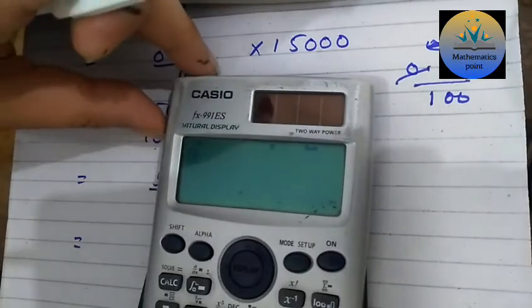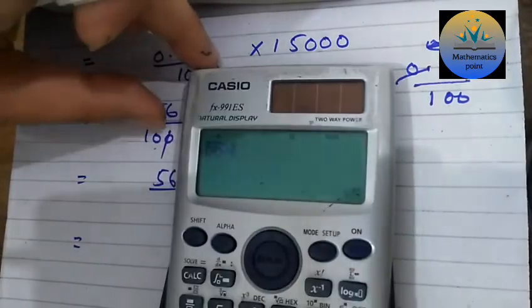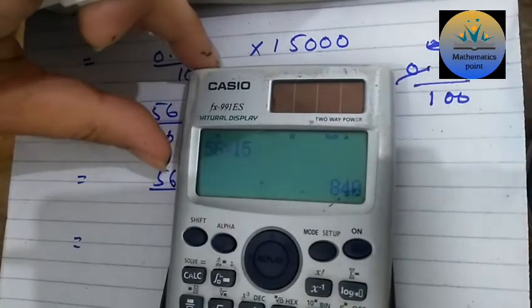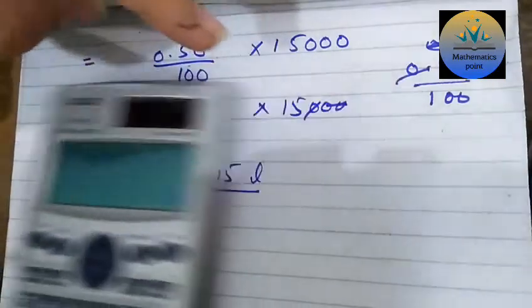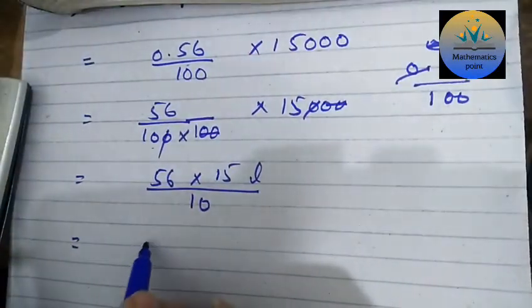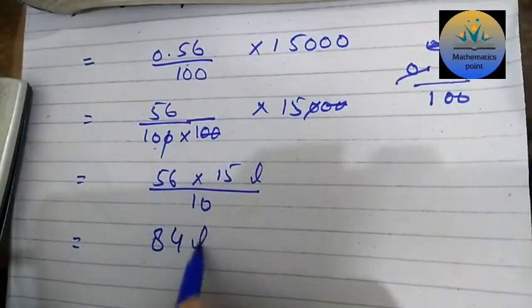So multiply 56 by 15 and then divide by 10. So our answer is 84 liter.